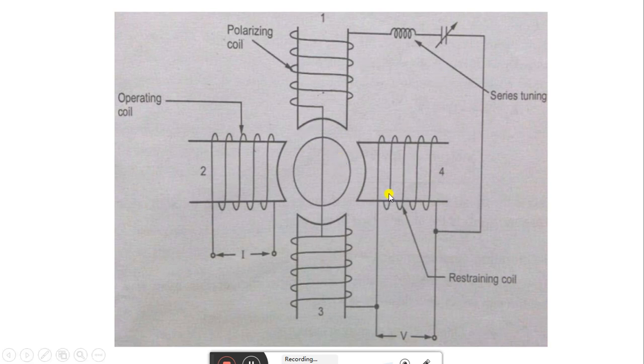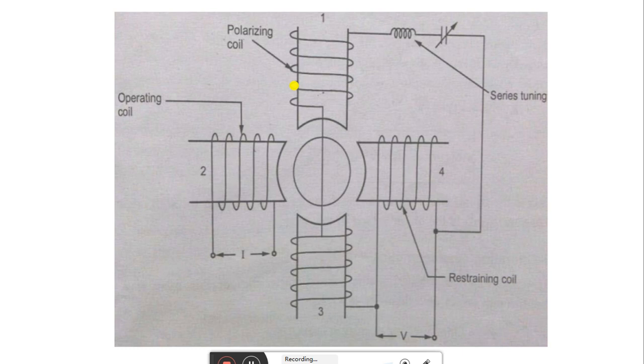Similarly, here also we are measuring the admittance. So the admittance value is also defined. You will see the operating characteristics, how we have determined the admittance which is measured by the relay for the protection system.